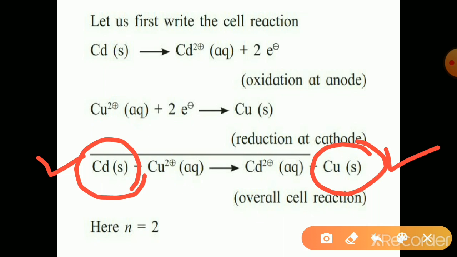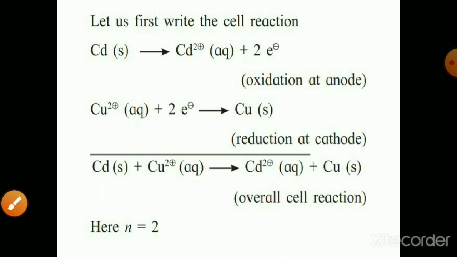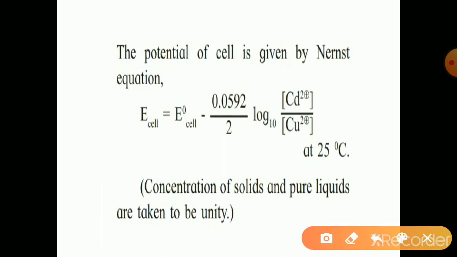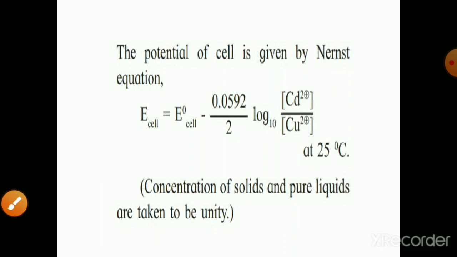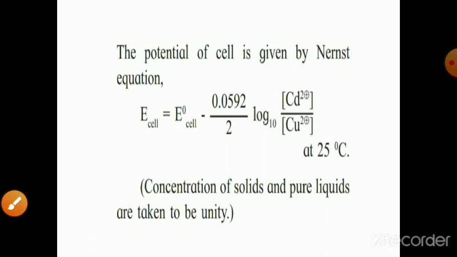Only the species that appear in the reaction quotient expression are included. The Cd2+ and Cu2+ coefficients are 1, so the powers are 1. At 25 degrees Celsius, the concentrations of solids and pure liquids are taken to be unity, since their concentrations do not change.